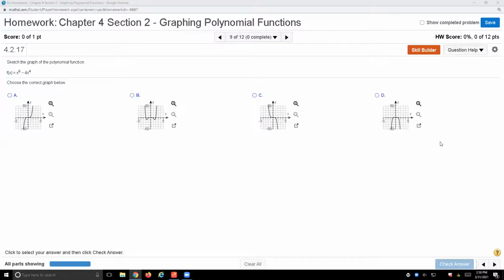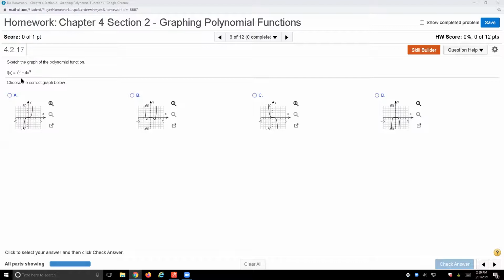And we have a y-intercept at 0. Can we find any more x-intercepts? This equation here comes from this, so which graph is it?